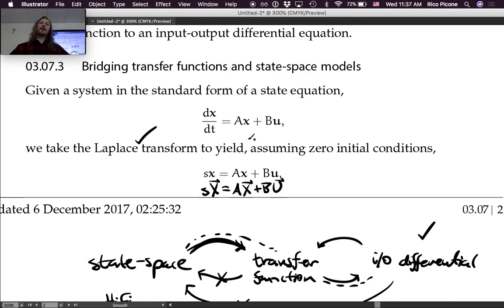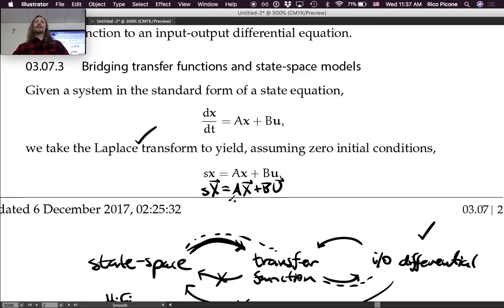It's essentially the same, but these are now Laplace transform variables. So the time derivative, there's only a first time derivative, so s to the 1, X, and then we can solve this for X.